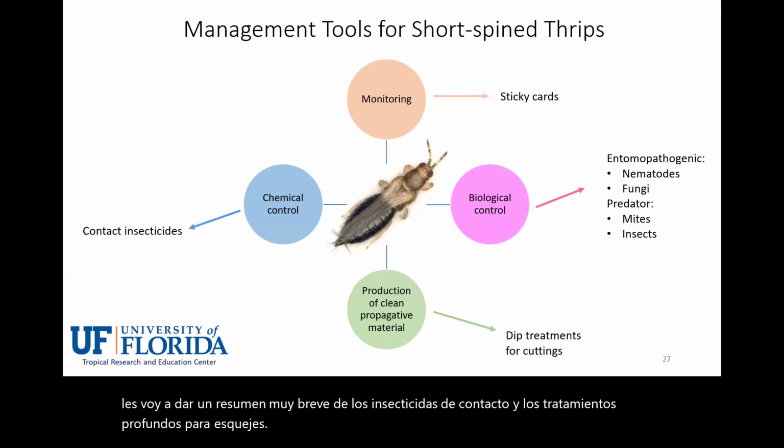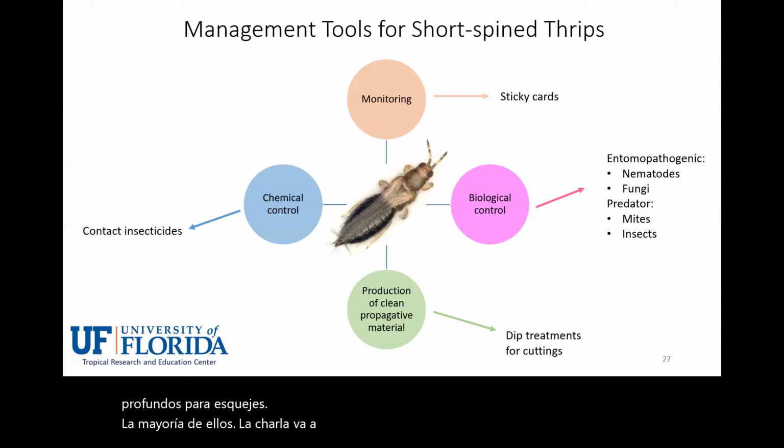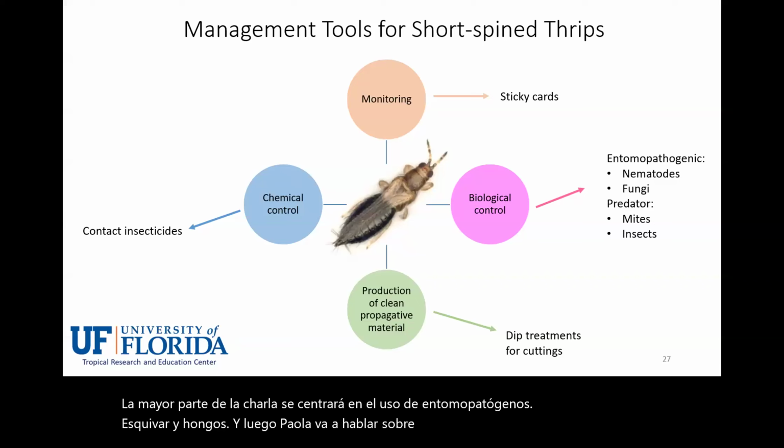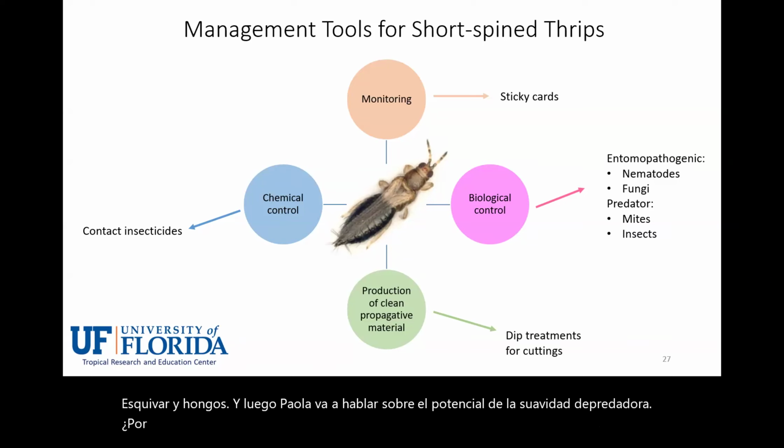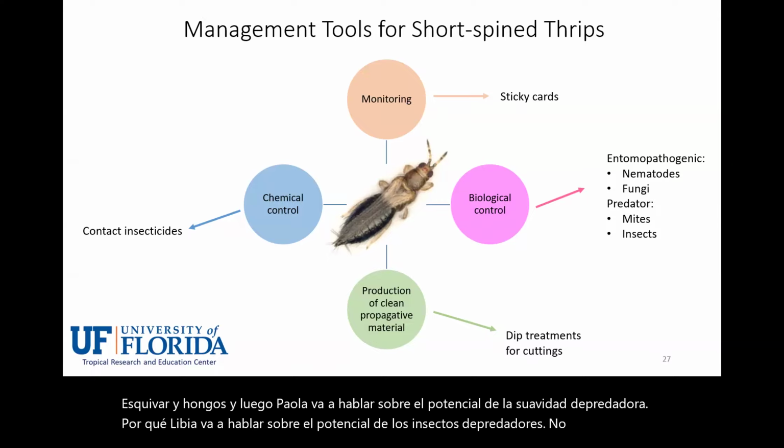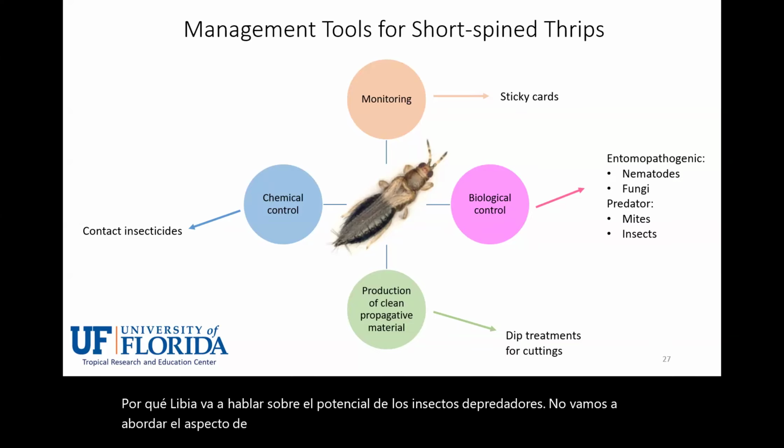Most of the talk is going to be focused on the use of entomopathogenic nematodes and fungi. And then Paola is going to talk about the potential of predatory mites, while Livia is going to talk about the potential of predatory insects. We are not going to address the monitoring aspect at this point because there's still research that's being conducted.